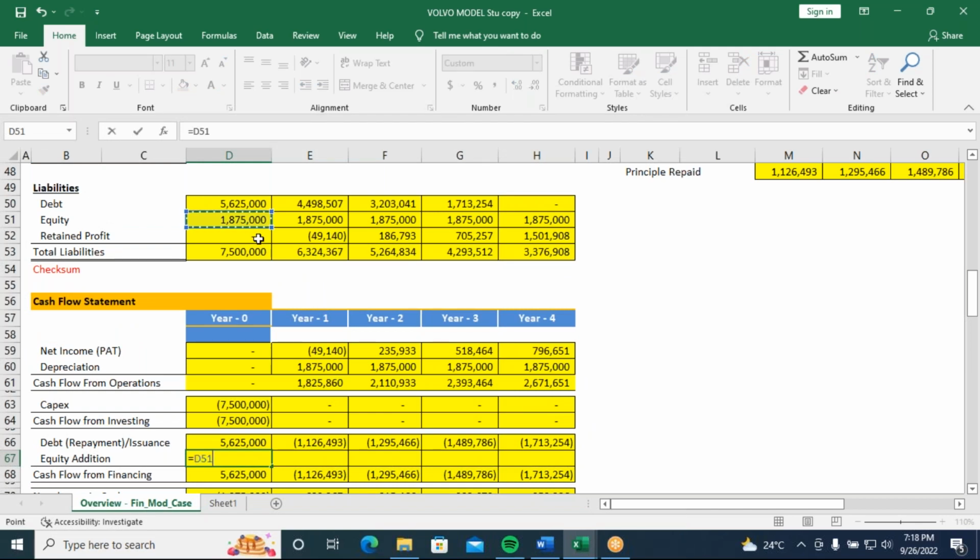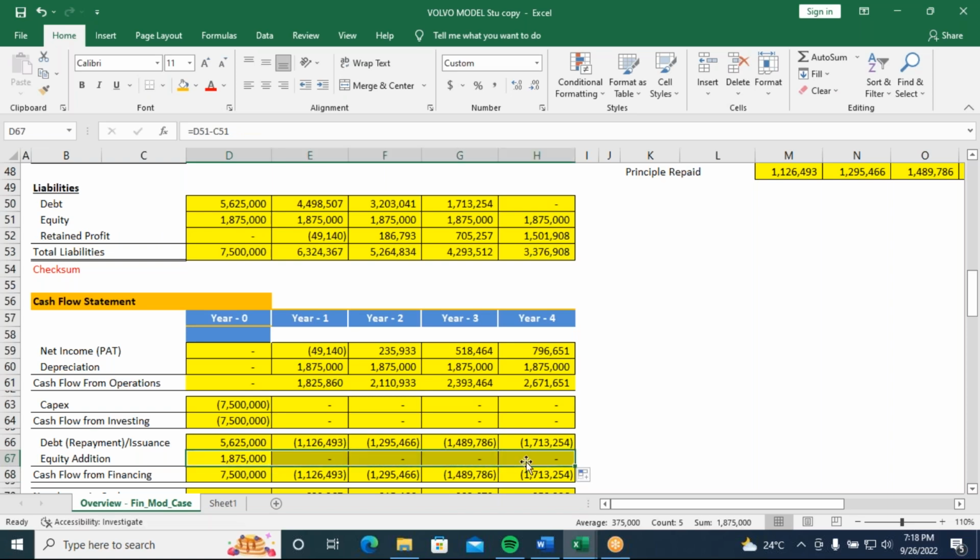So for the first year minus the previous year. Enter. So when we are adding it for the upcoming years, this will be my equity amount. Only the first year I'm getting the equity value, that is 18,75,000. For the next years, we don't have any values.